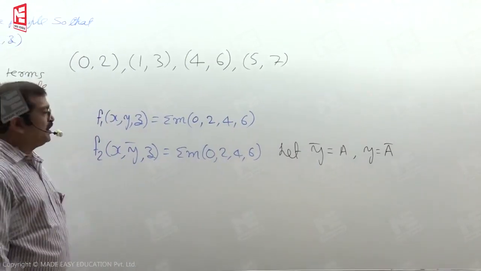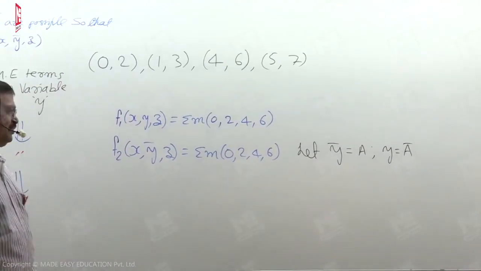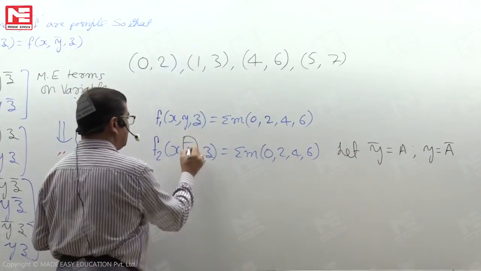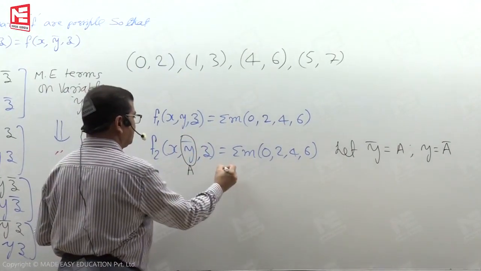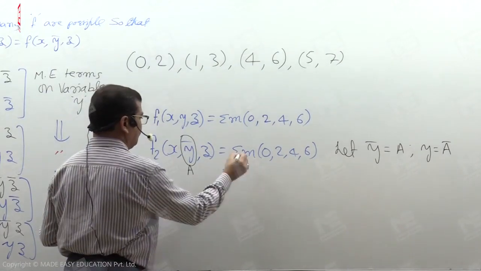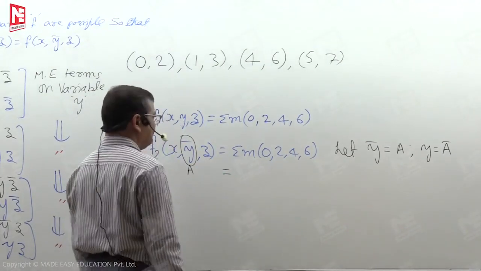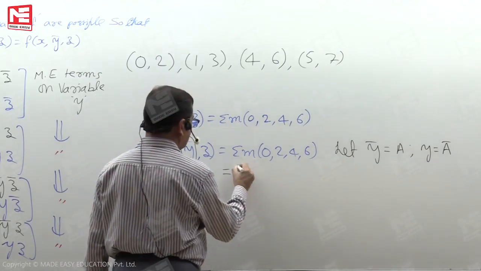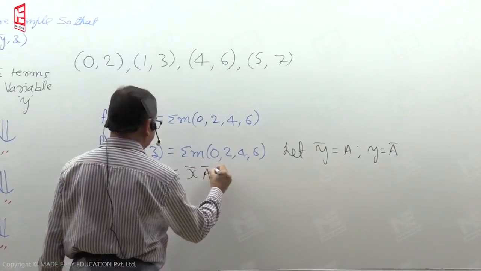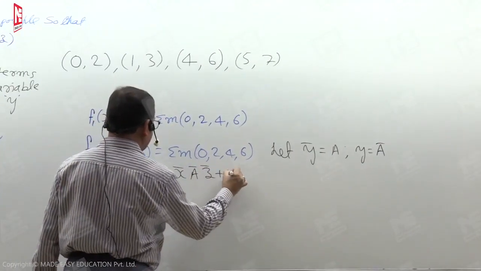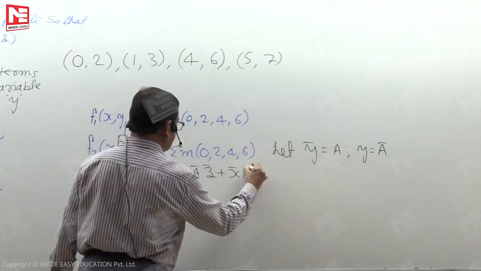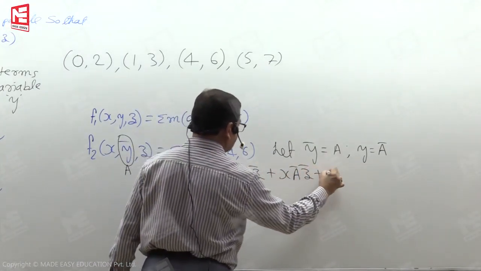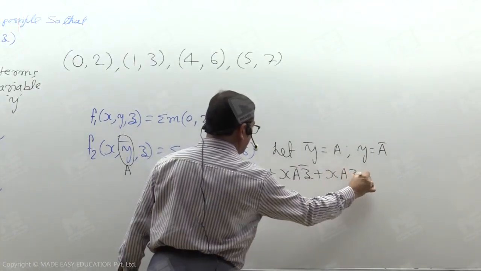Now using this notation, let us read the product for each minterm: x complement, a complement, z complement; x complement, a, z complement; x, a complement, z complement; x, a, z complement.